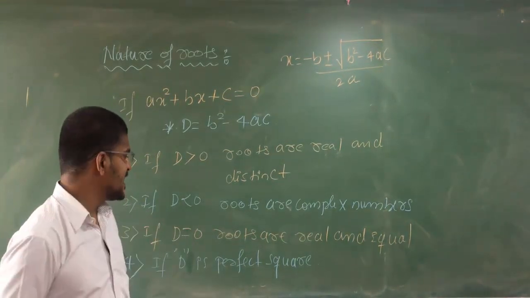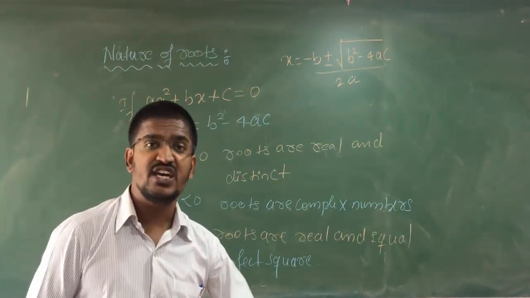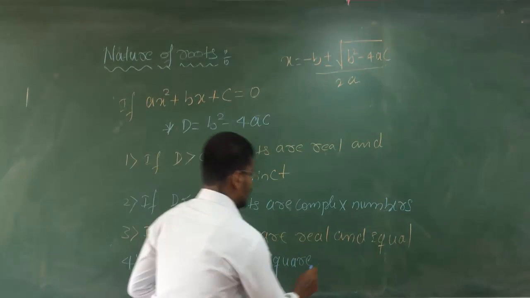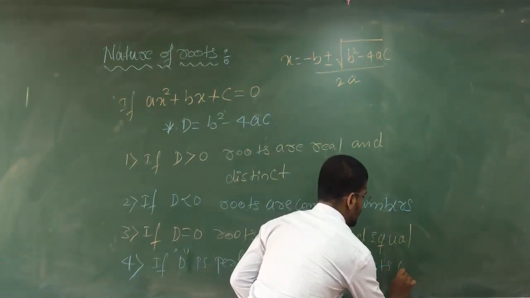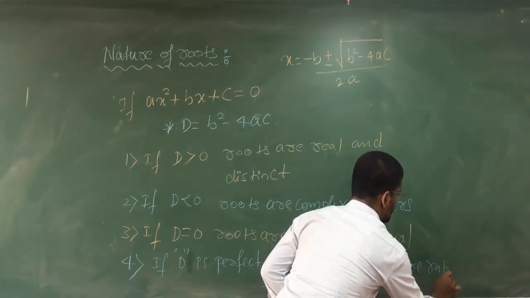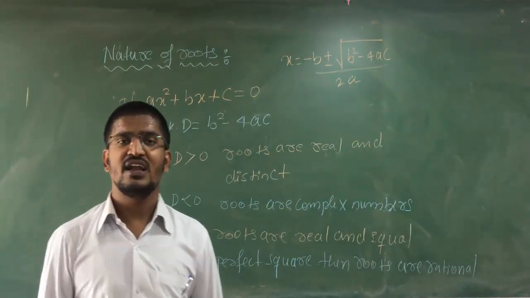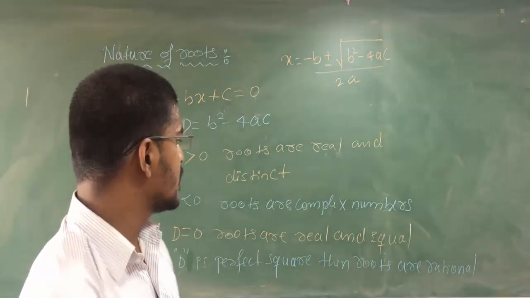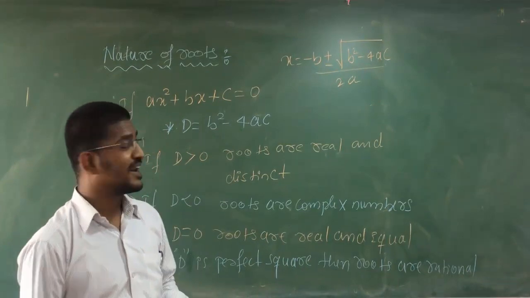So on that type, if the D is perfect square, then the roots are rational. Clear? Okay. If D is perfect square, the roots are rational.